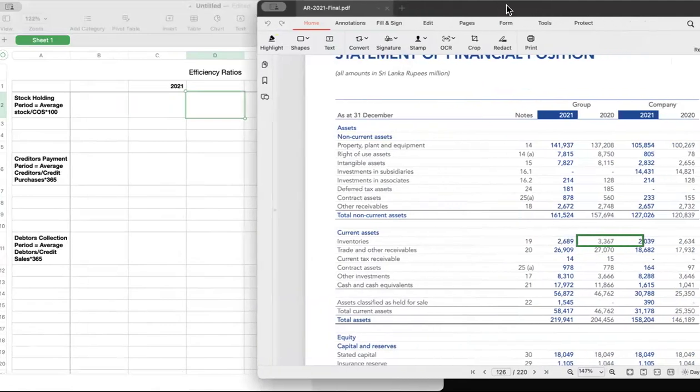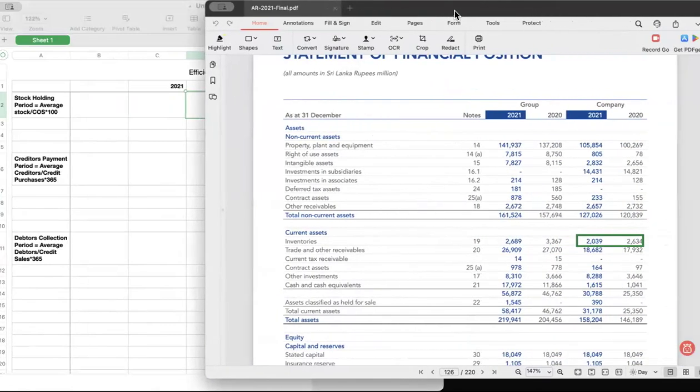Everyone, please calculate the average stock and tell me. Average stock means opening and closing inventories divided by 2. Tell me the answer, please. You calculate and tell me. I'm not going to calculate. I'm waiting for your response.